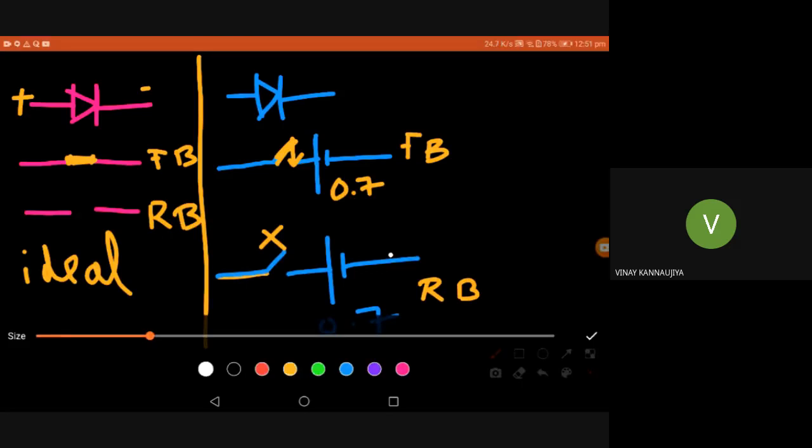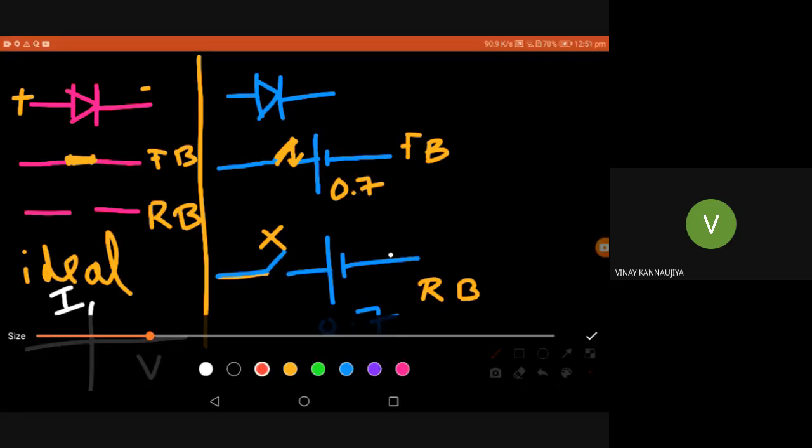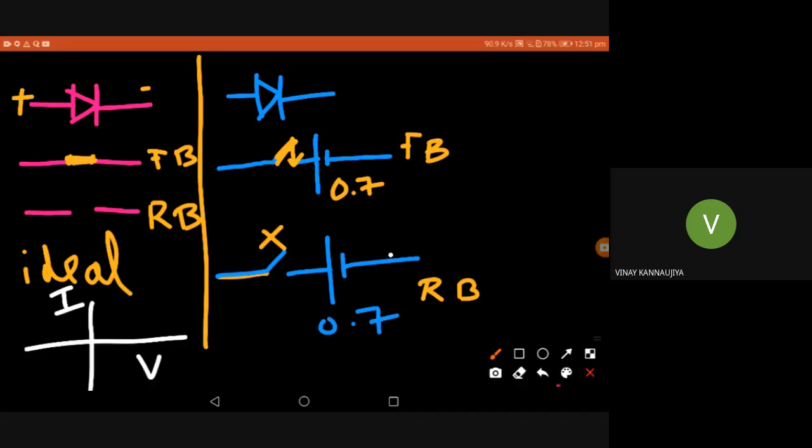Now if you plot the first part, the ideal part, how will you get the graph? It is a graph of I versus V. V is the controlling parameter, and I is the dependent parameter, dependent on the voltage. When current is increasing, there is no voltage drop across the diode. When voltage is decreasing, current is zero.